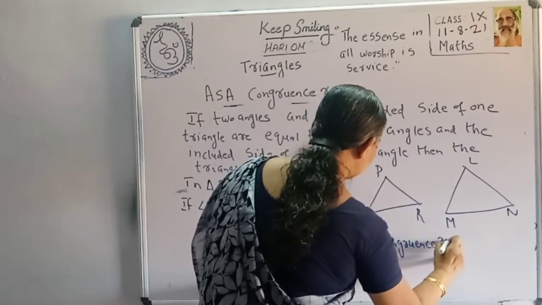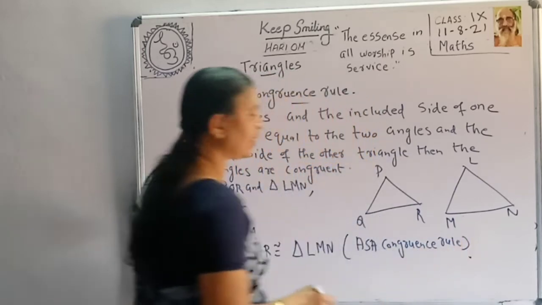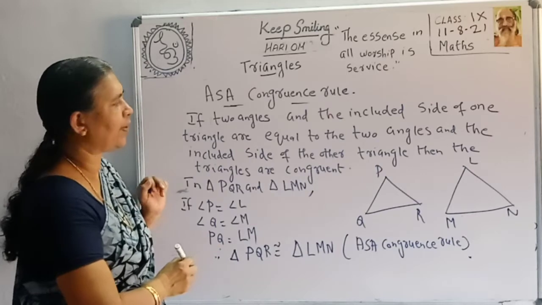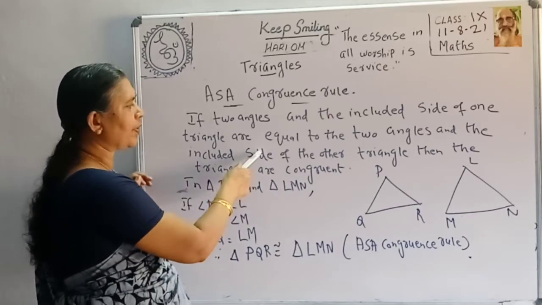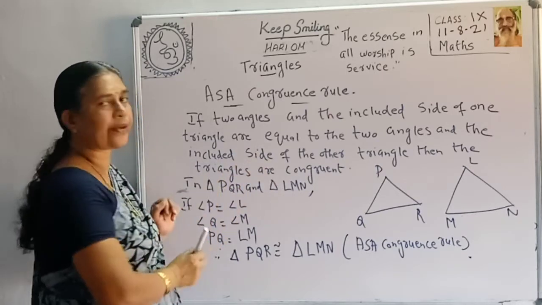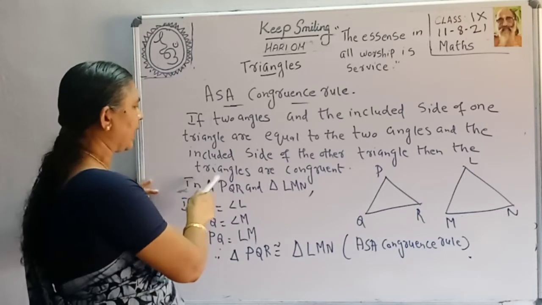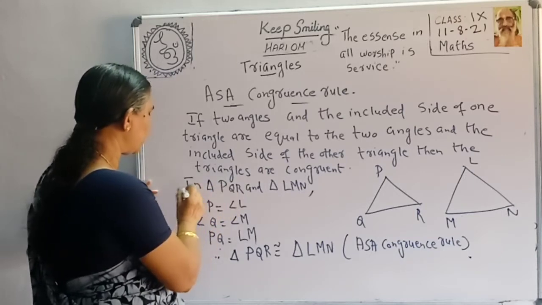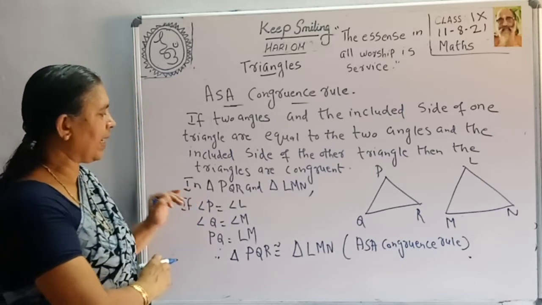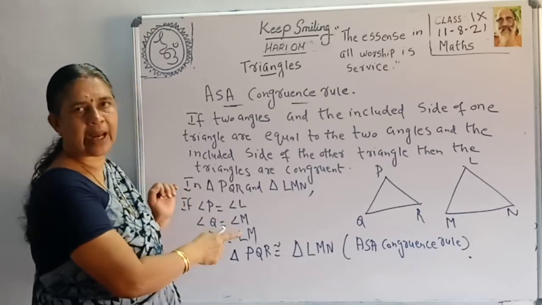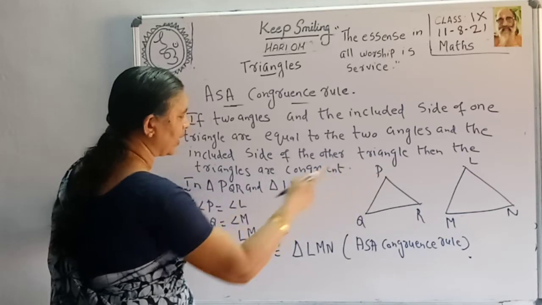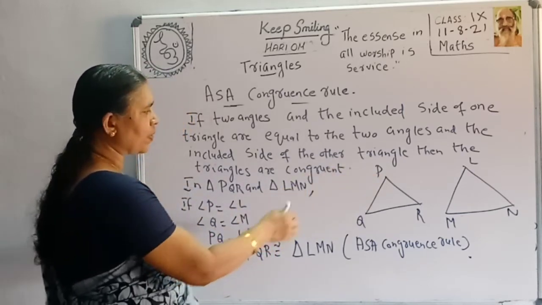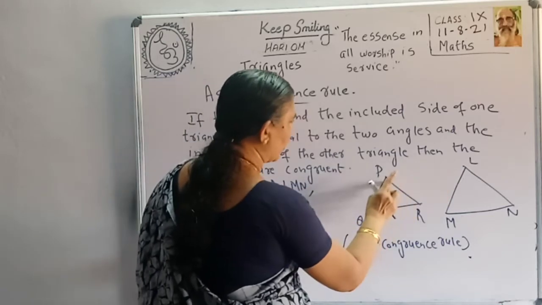So what is ASA congruence rule? If two angles and the included side of one triangle are equal to the two angles and the included side of the other triangle, then the triangles are congruent. That is, in triangle PQR and triangle LMN, angle P is equal to angle L and angle Q is equal to angle M. Then PQ is equal to LM.